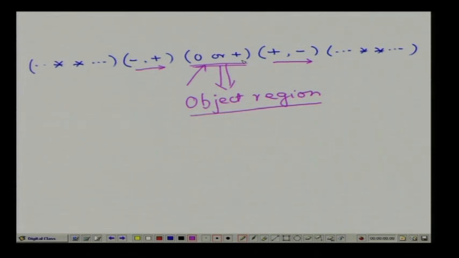And that gives me a segmented output, where in this output image, all the parts of the object are represented by a pixel value equal to 1, and all the background regions are represented by a pixel value equal to 0.